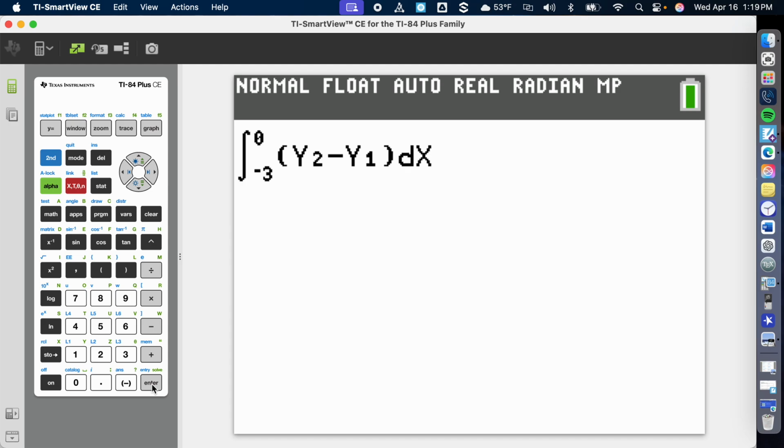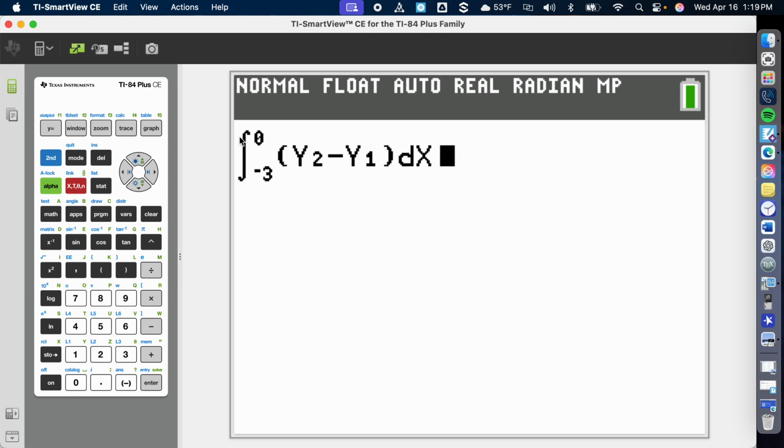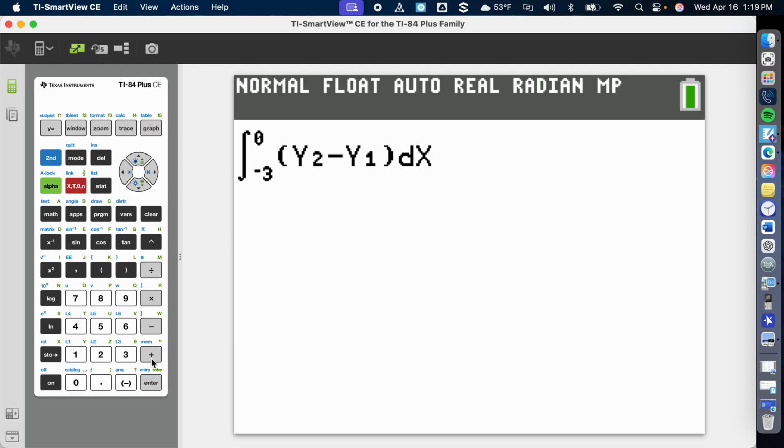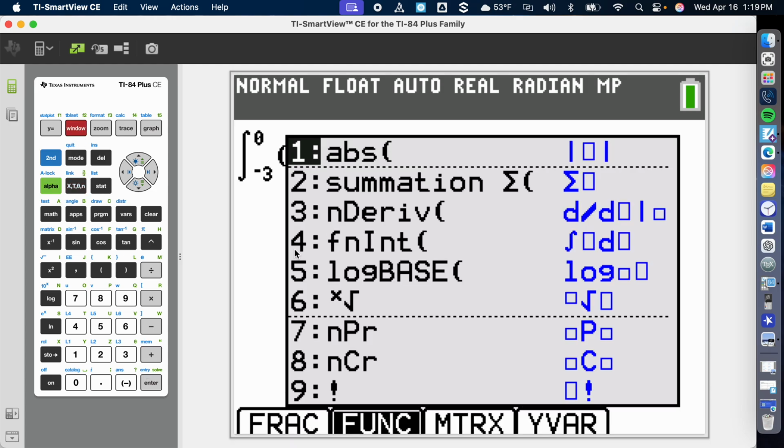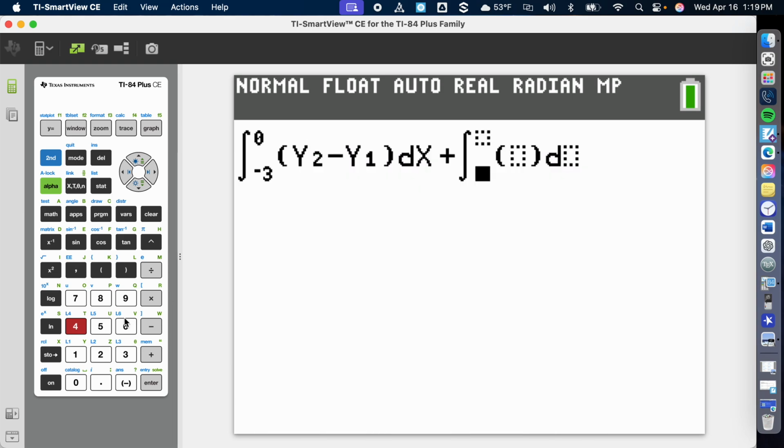Did a lot of you hit enter? If you hit enter, hit up and highlight this and select it again, because we're just going to do this all on one. So the integral from -3 to 0 plus the integral, hit up twice and hit enter, it'll select it and paste it on a new line.